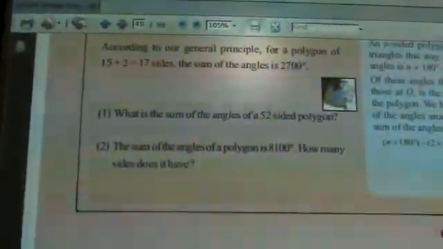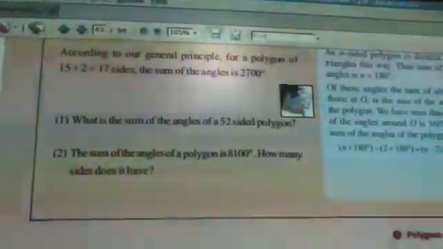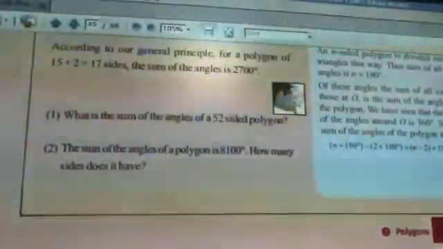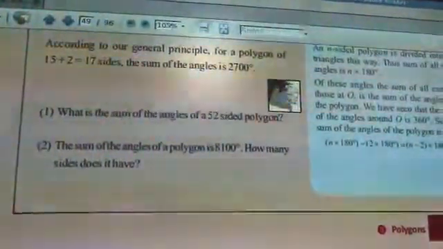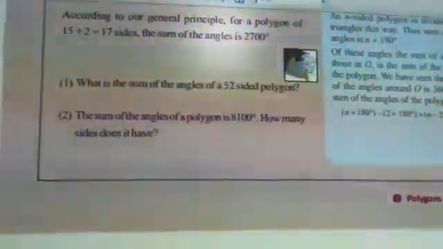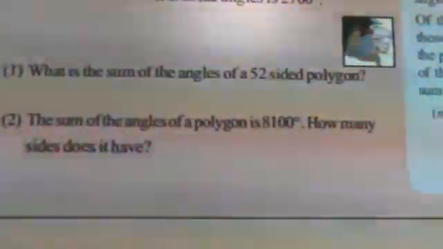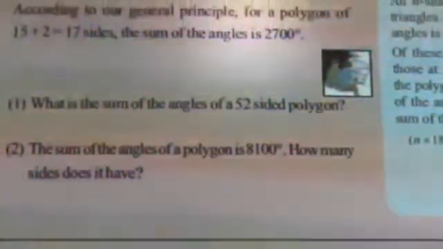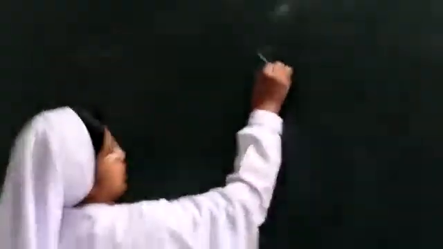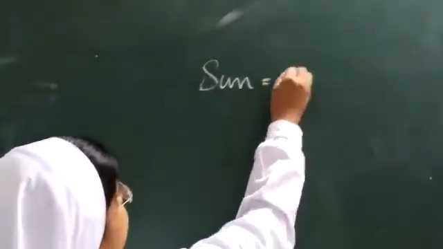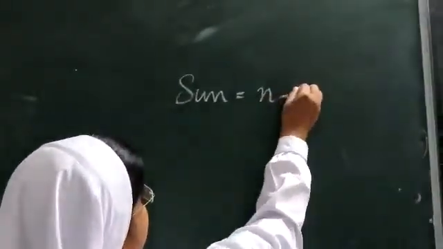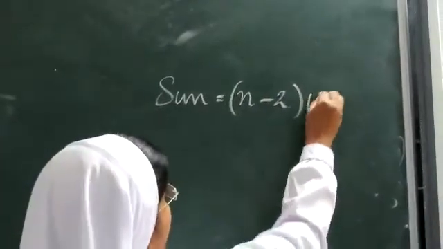The question is, what is the sum of the angles of a 52-sided polygon? So what is the formula for us? Sum is equal to n minus 2 into 180.